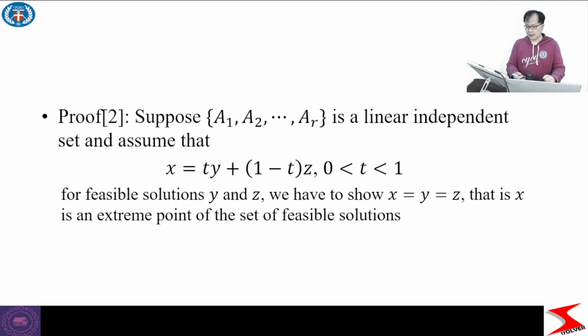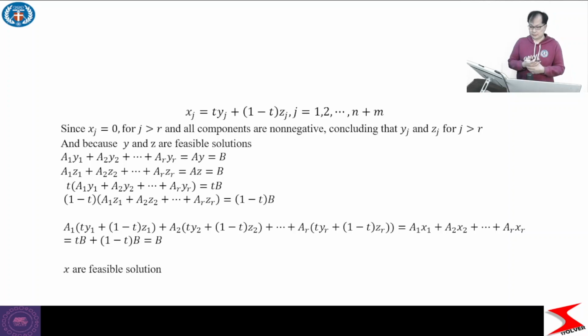So now we assume that A1, A2 to AR is a linearly independent set, and also we assume that X equals the linear combination of Y and Z. Before, we already said that if X is an extreme point, then it should show that X equals Y equals Z. How can we do that?